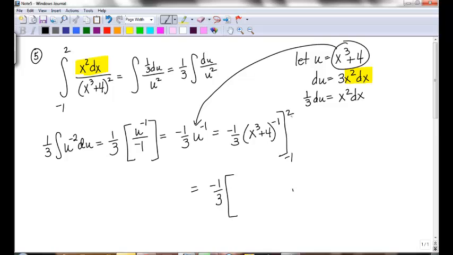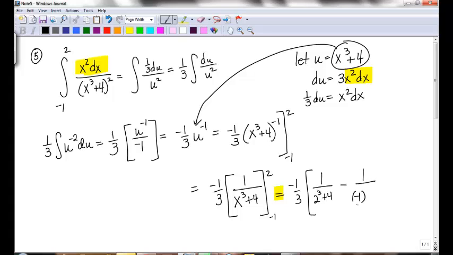If you substitute in, this -1 is going to move that down to the denominator, so it's 1 over x cubed plus 4, from -1 to 2. So equals, leave the -1/3 out front. Now put 2 in, so it'd be 1 over 2 cubed plus 4, and then minus 1 over -1 cubed plus 4.